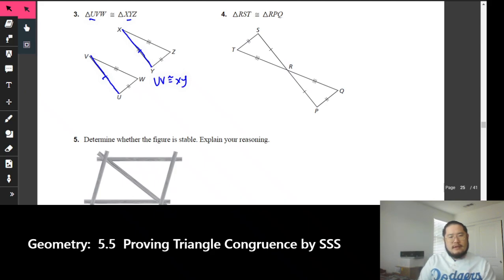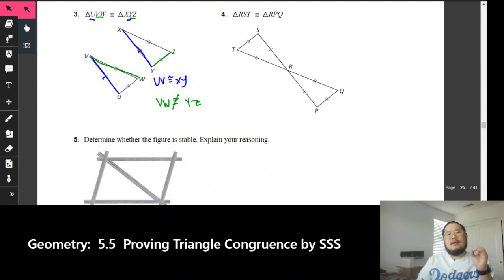We have VW right here. VW is supposed to be congruent to YZ. Now there's VW, here's YZ. Uh-oh, they don't look congruent, right? UV is not congruent to YZ, which they're supposed to be.